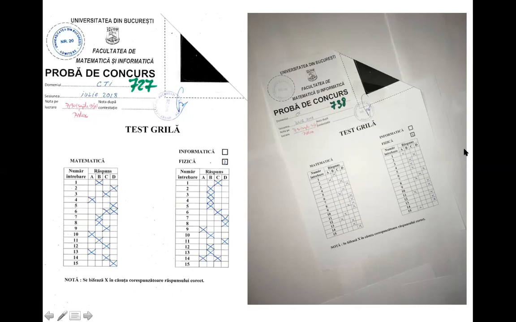The grade is always in red. The number of the test sheet is always in green. So everything is the same. So you only have to take the red part.